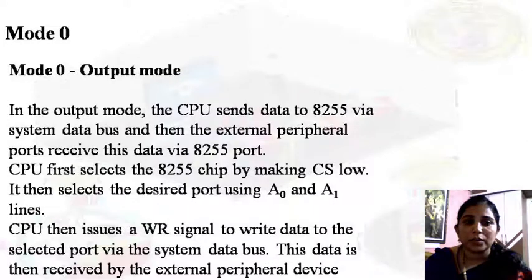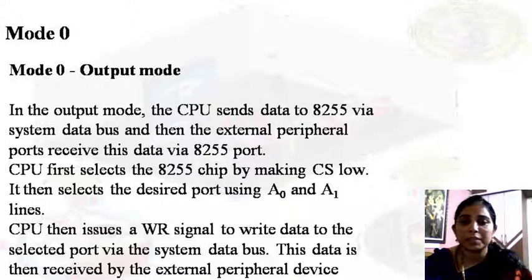Whereas in mode 0 output mode, the CPU sends data to the 8255 via the system data bus and then the external peripheral ports receive this data via the 8255 port.